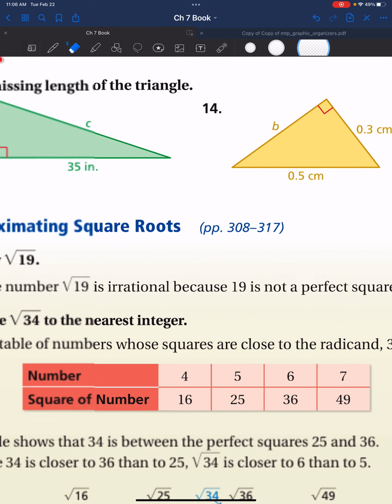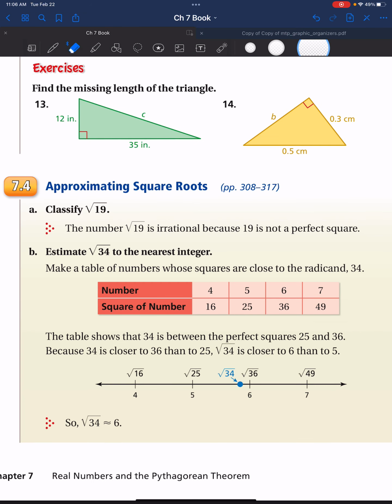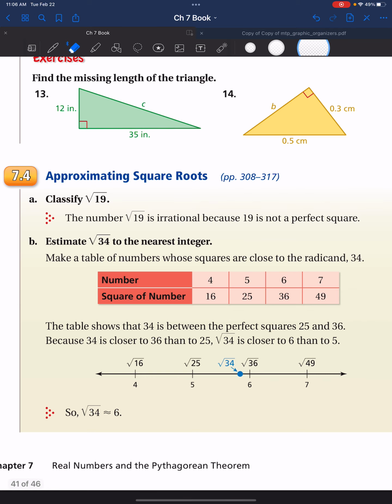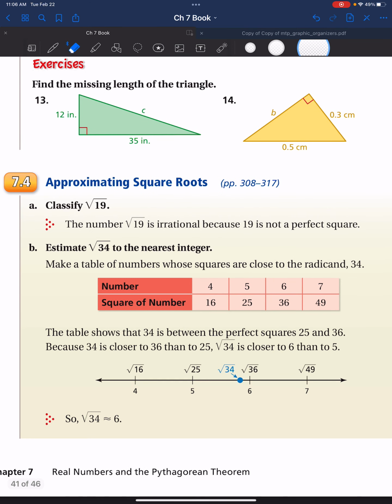Okay, let's talk about approximating square roots. This one was hard for some of you because it's a lot of steps you have to remember. Let's just do the classify part. See how it says classify square root of 19? First, in this chapter, we learned about how to classify, and then we learned about approximating. If you go back in your notes, we talked a lot about classifying.